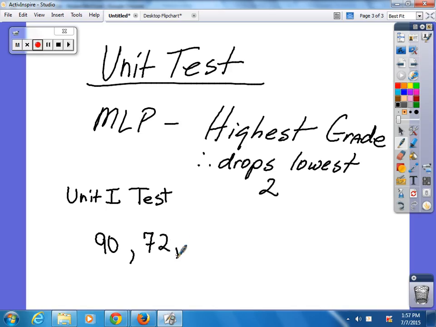And I make a 95 on the third attempt. The grade book, after you've turned in everything, will not calculate these two grades. It will calculate the 95 because it is the highest grade.